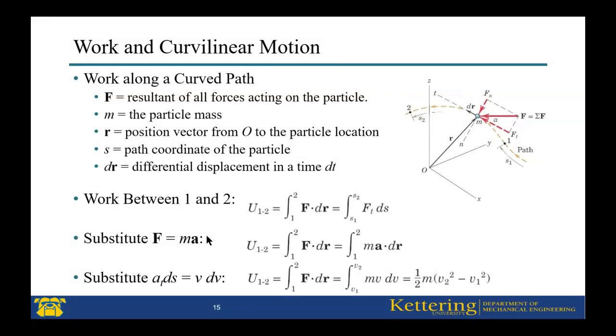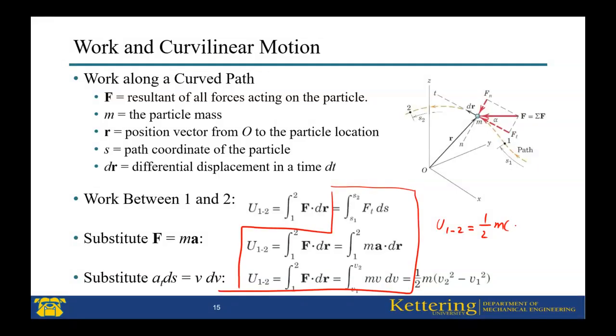This is the proof. If you are not interested, it's okay, but this part shows you the proof. What is important is U1 to 2 equals 1 over 2 m (v2 squared minus v1 squared).